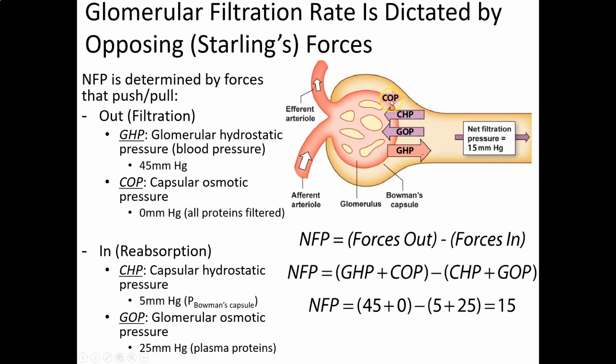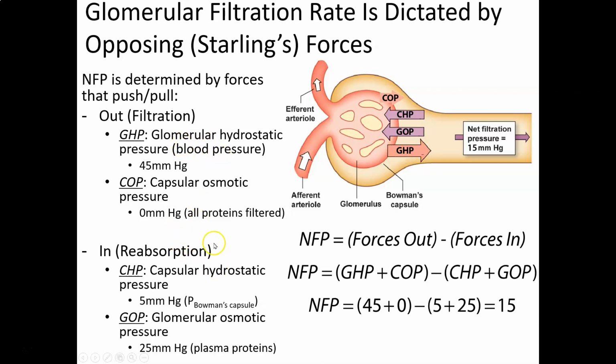The COP is small because it's close to zero. The GOP should be fairly large because that's the big force. The CHP is usually pretty small because most of the fluid that gets into Bowman space either gets reabsorbed or goes out as ultrafiltrate. And then the GHP is the largest, and you see it's got the largest arrow because that has the biggest pressure.